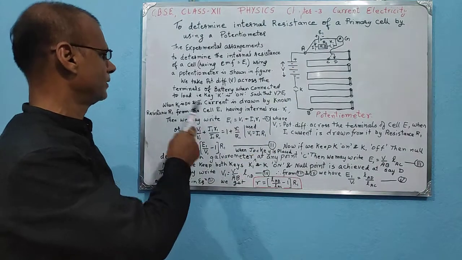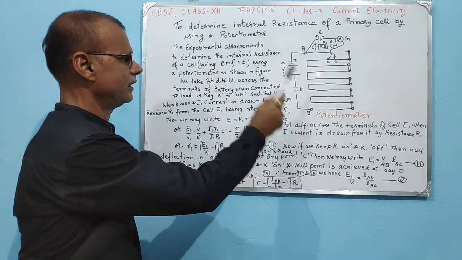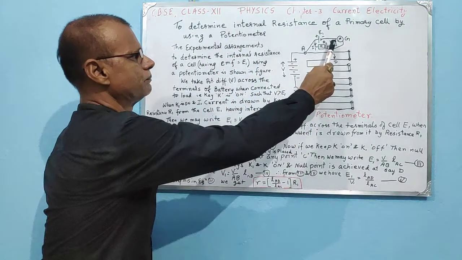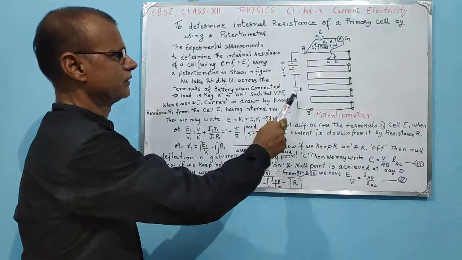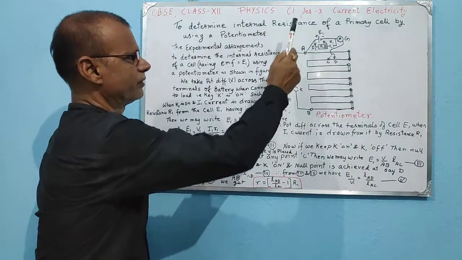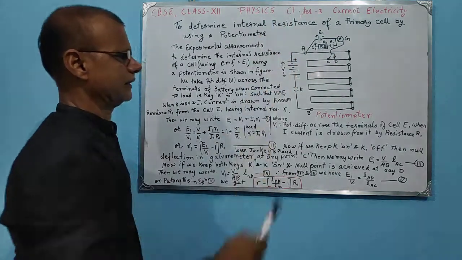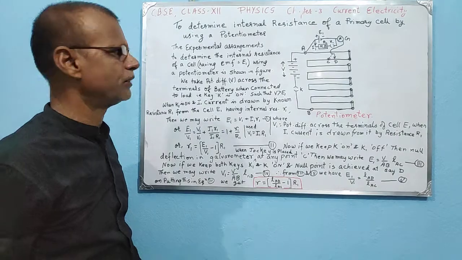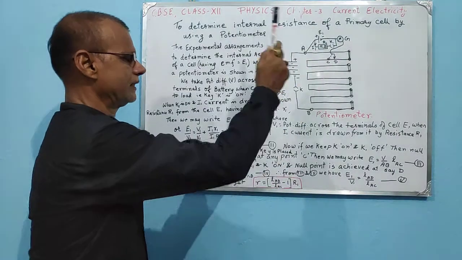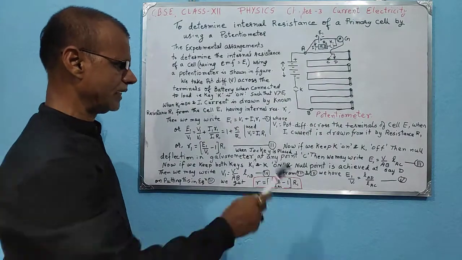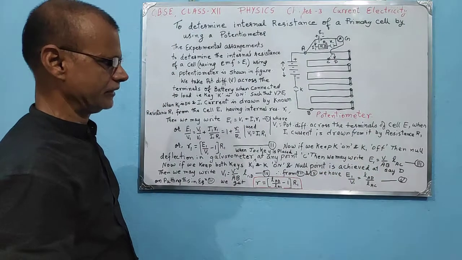Now if you keep key K on and key K1 off, it means that no current will be drawn from the cell E1 when the galvanometer is showing null deflection. Say it is happening at point C where the jockey is connected. In that case the EMF is equal to V upon AB into LAC.